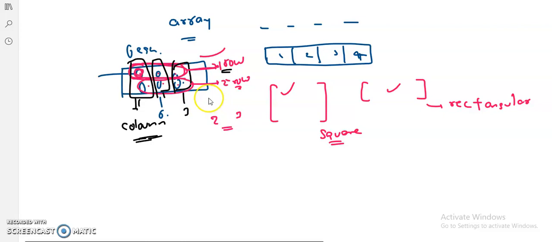So now I can say this is a 2 by 3. So it is the order of this matrix, or the order of this egg tray. So it means 2 rows and 3 columns are there. If I multiply this 2 and 3, what is the result? 6. That means this egg tray is having 6 eggs, right? So 1 2 3 4 5 6.